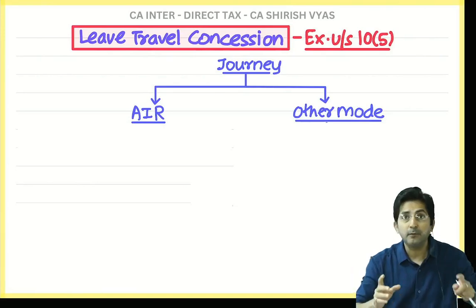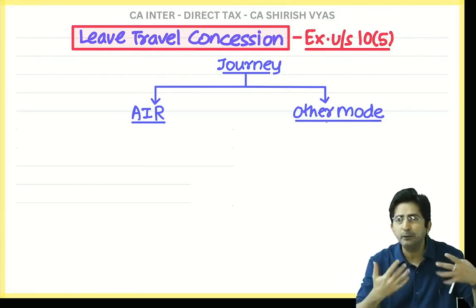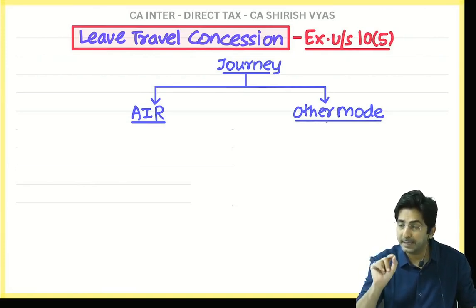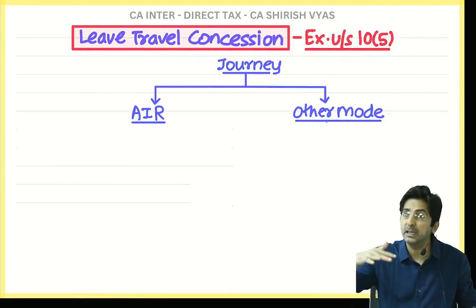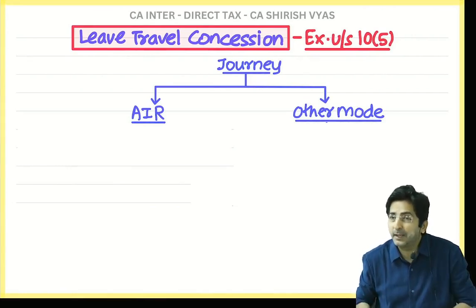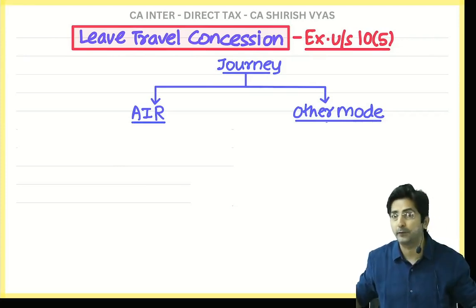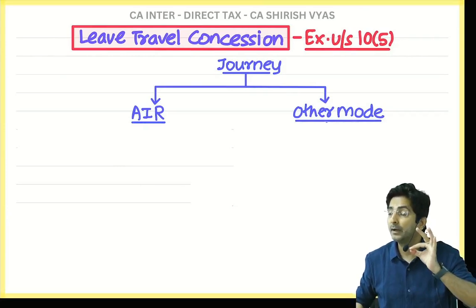So if trains are not going to that destination, then ignore the train fare, we will take the bus fare. Bus is also recognized public transport, and in that also first class deluxe fare. In bus also some local fare is there, some good quality fare is there. So we will take the good quality fare, first class deluxe fare of, what did I say?